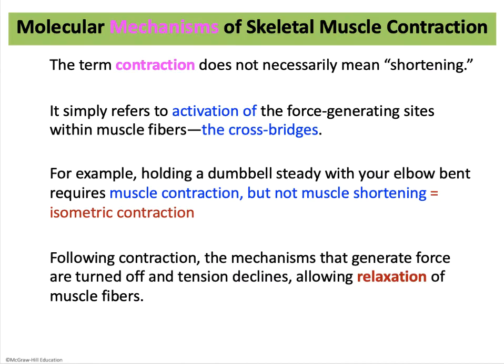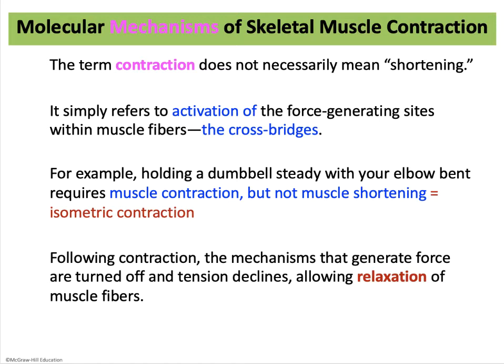Just to reiterate and to warn students not to forget certain things, the term contraction, when applied to muscle cells, does not necessarily mean shortening. It refers to a physical force that's generated by these cells using the cross-bridge method of generating force, and that force can be used to maintain a status quo.